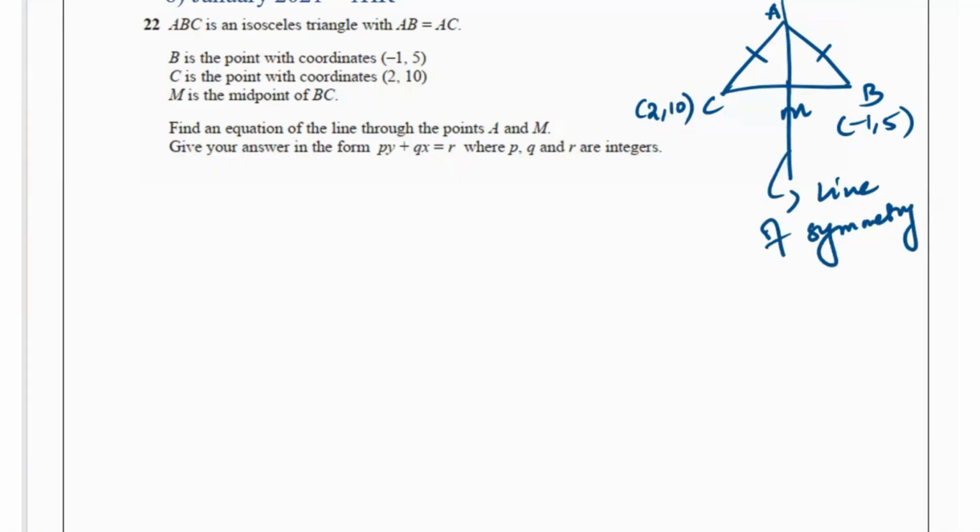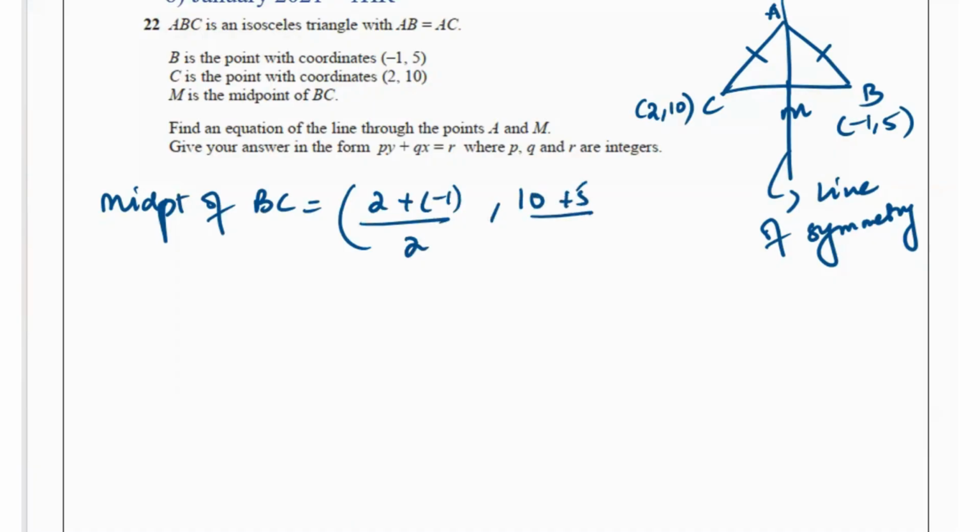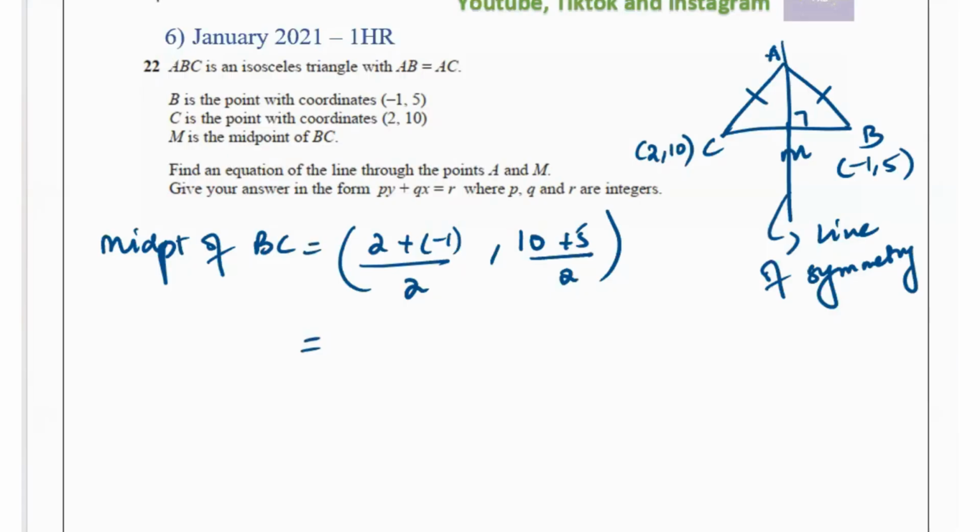So for this, first, let's begin by finding the coordinates of M. Midpoint of BC is going to be 2 plus negative 1 over 2 and 10 plus 5 over 2. 2 minus 1, so that's 1 over 2, that's 0.5. And 10 plus 5, 15 divided by 2 is 7.5. After this, we should find the gradient of the line BC because the line BC is perpendicular to line AM.